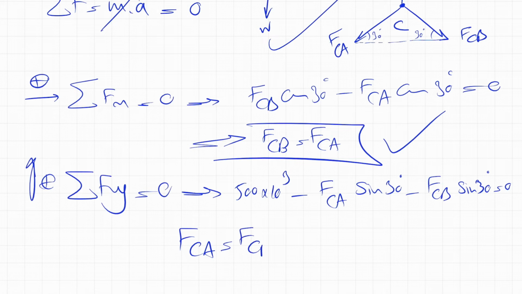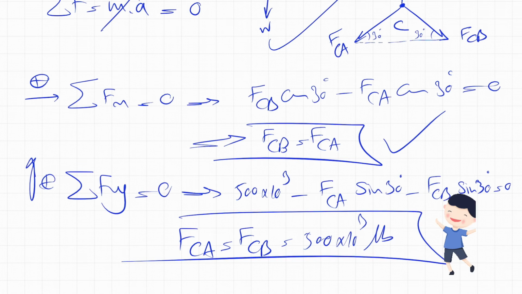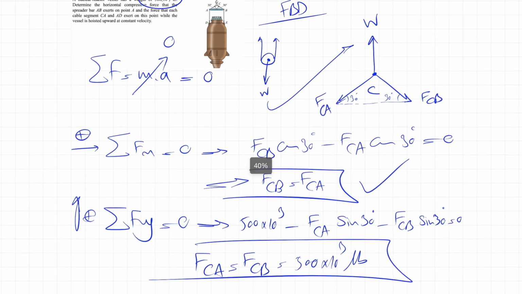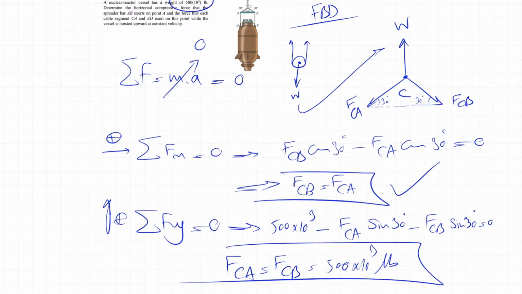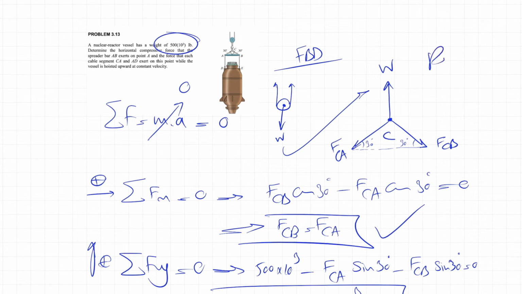We know FCA and FCB are equal, and from here we can find 500,000 pounds. So we need to find the tension in cable AD as well. And for that, we need to move on to the other points that we have.